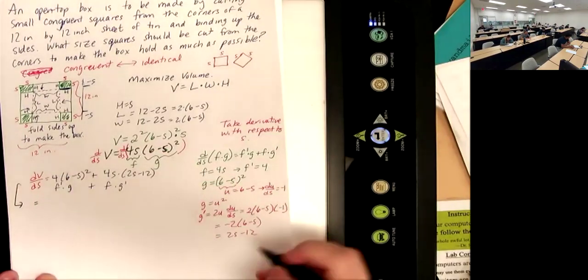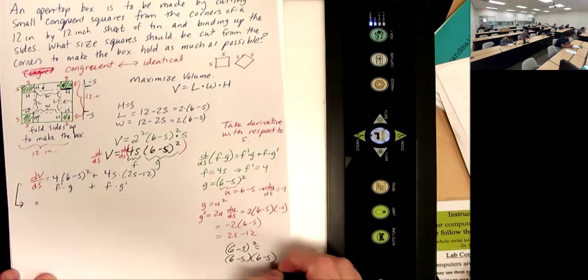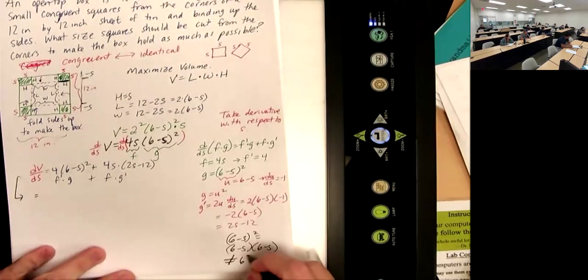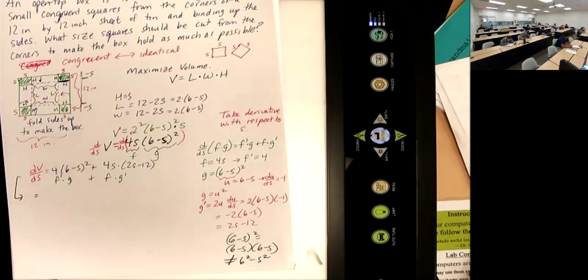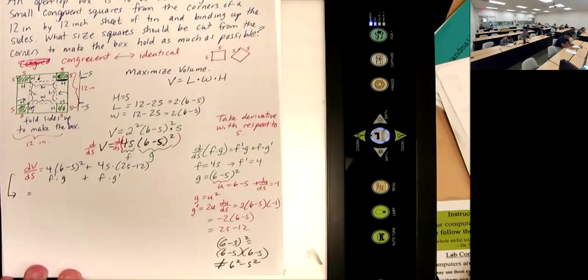6 minus s squared is 6 minus s times 6 minus s. It is not 6 squared minus s squared. That is a common mistake I've seen even Calc 3 students doing, jumping the gun. You actually have to multiply it out.